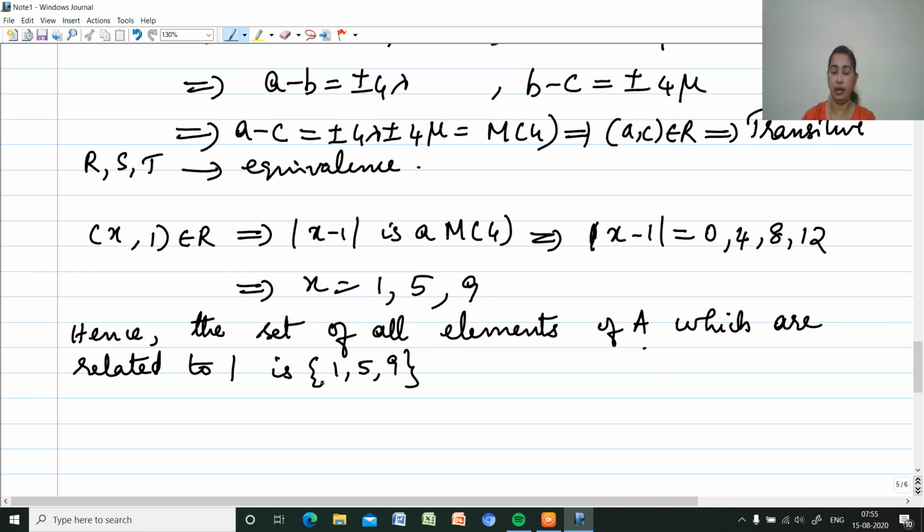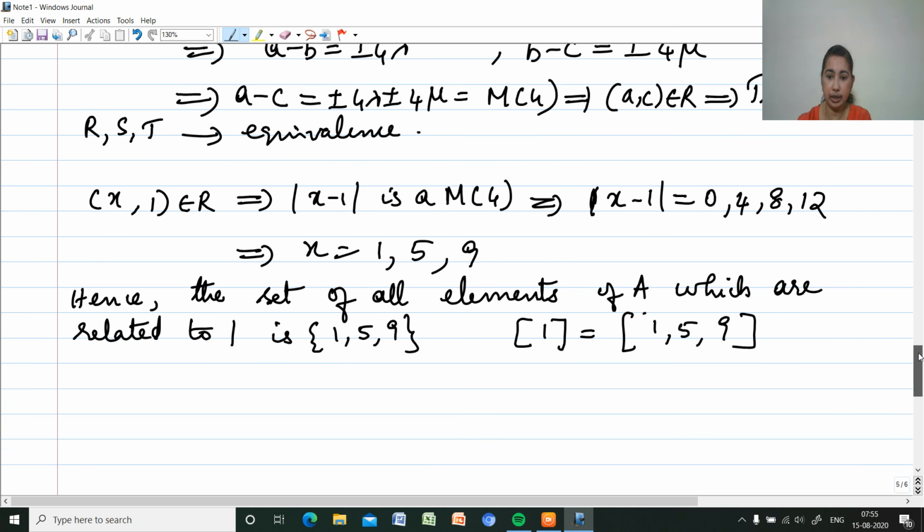If I am taking (x, 1), any element of this, if I am taking 1, 1 means it is 0, it is a multiple of 4. 5, 1 means 4, it is again a multiple of 4. 9, 1, that means modulus of 9 minus 1 is also a multiple of 4. So we can say that 1, 5, 9 are related to 1. Therefore, the equivalence class of 1 we can write as {1, 5, 9}.